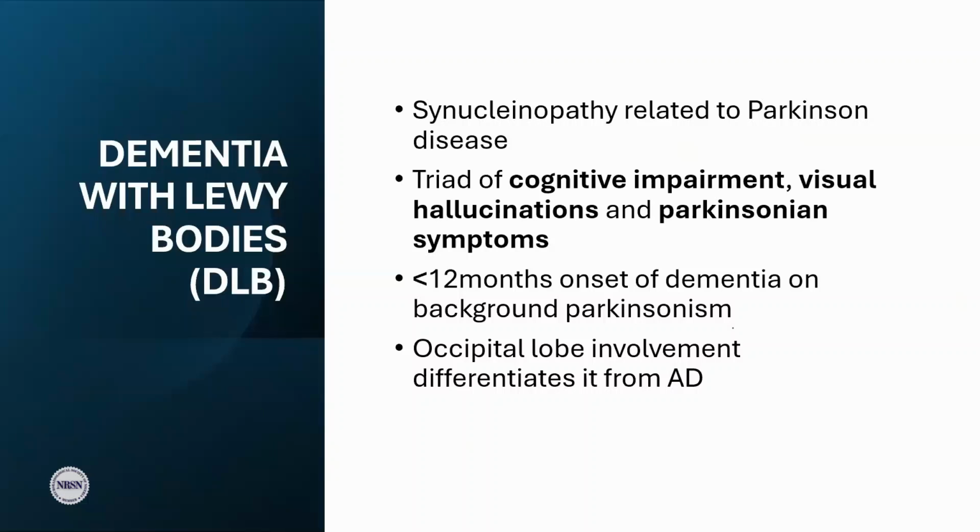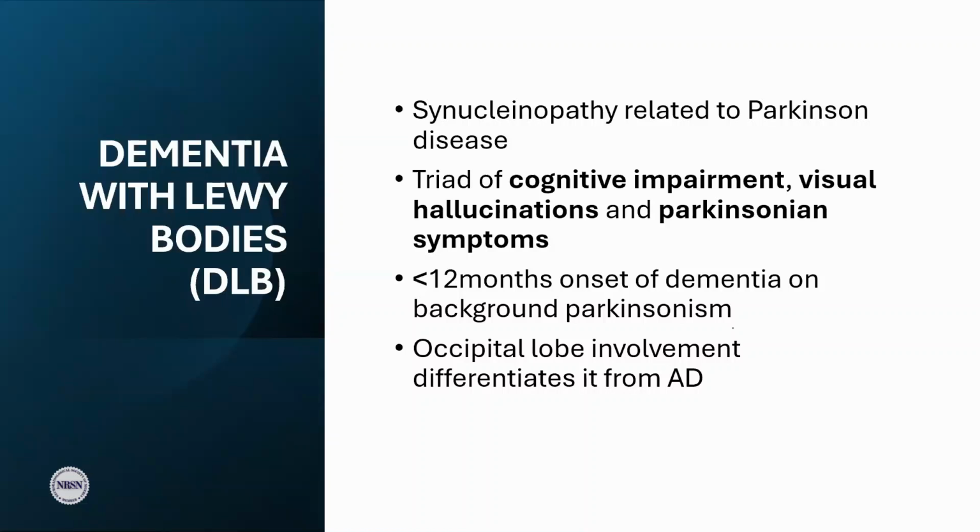Dementia with Lewy bodies is an alpha-synucleinopathy that is related to Parkinson's disease. So there's a triad of cognitive impairment, visual hallucinations, and Parkinson's symptoms. Now, the idea is that Parkinson's symptoms, like the resting tremors and the bradykinesias, will occur first of all.